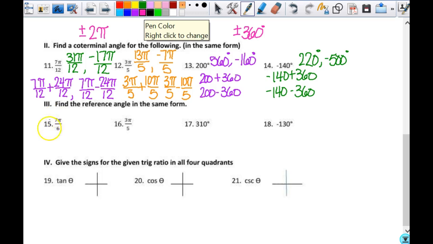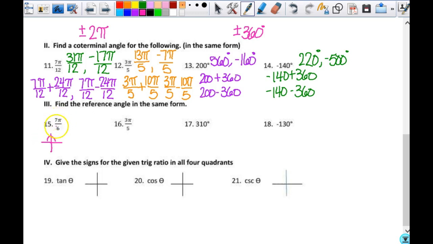But when you look at this and you want the reference angle, remember it's always the smallest or the shortest way back to the x-axis, and it's always positive no matter which way you rotate. So if I think in terms of sixths, 6 pi over 6 is pi. So that would rotate me around to here, right? Because this is pi.